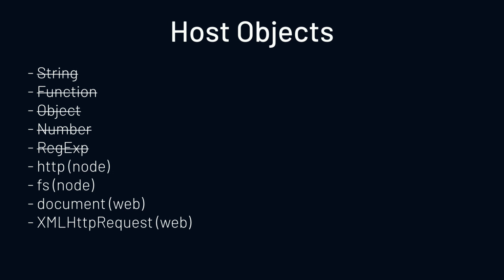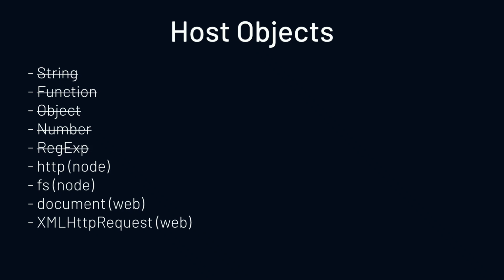So you'll have like String, Function, Object, Number, RegExp, however you say that. And then depending on the environment that you're in, there'll be different host objects. So in Node, maybe you have fs or http. In the browser, document, XMLHttpRequest. And these kind of just expose this native functionality that is specific to the environment.